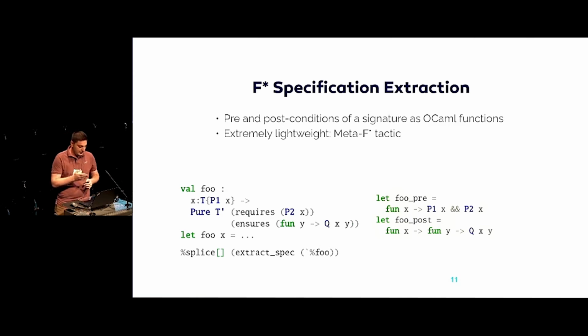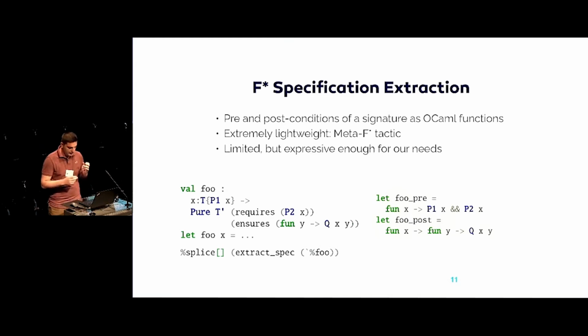So here, by calling our tactic extract spec, we would get in the extracted OCaml code the pre and post condition predicates. It's important to note that our tool is quite limited, as only trivially computable predicates are supported.